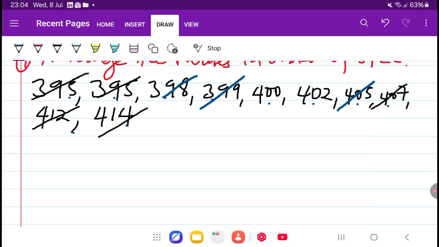So the numbers that have remained are in the middle, these two values. So we get the mean of those two values that are in the middle.